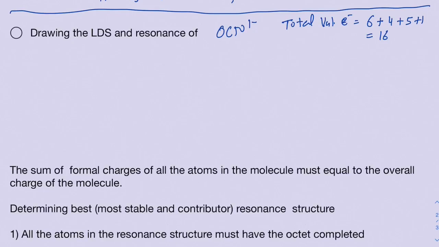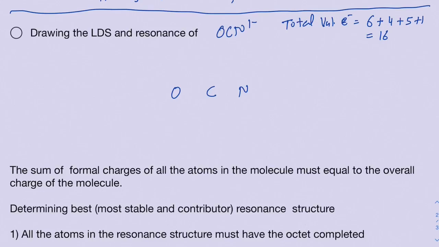The next step in drawing the Lewis-Strauss structures, remember, is picking the central atom. All right, so your central atom is going to be the carbon in this case, and I'll put down the carbon at the center, and then I'll have nitrogen and the oxygen as the surrounding atoms, as far away from one another. So when you do that, the next step will be placing one bond, or an electron pair, between the central atom and the surrounding atom.